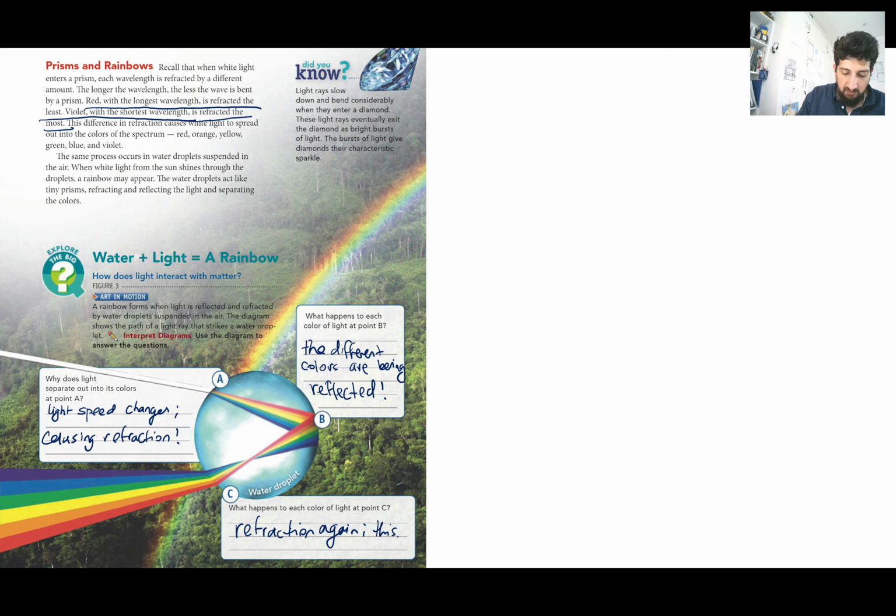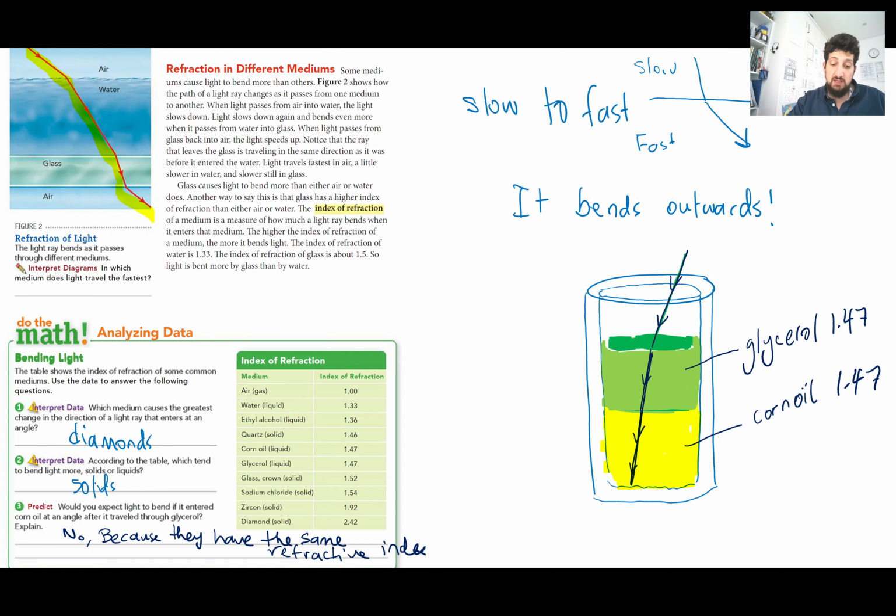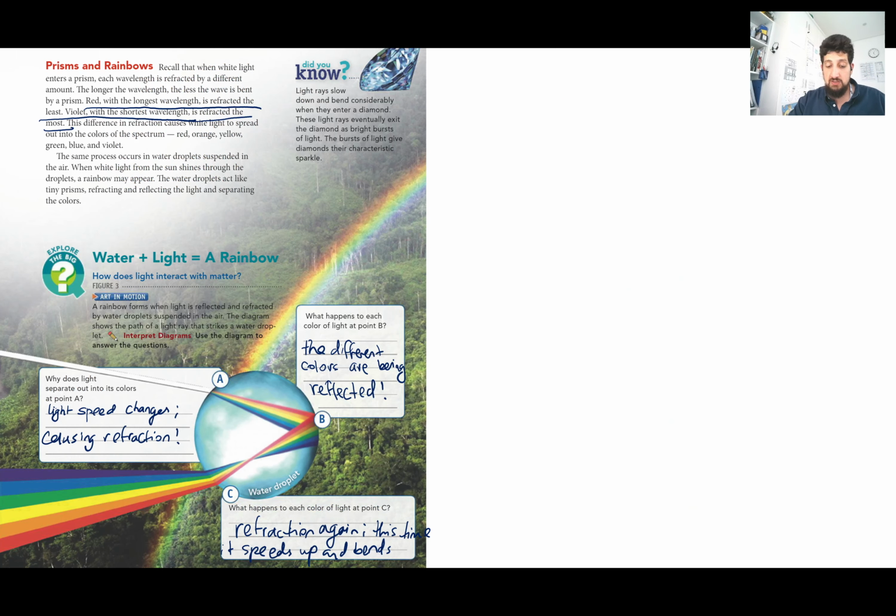This time it speeds up and bends. Bends what? Do you remember what we said? We said slow to fast bends outwards, fast to slow bends inwards. So it's going slow to fast, so it's going to bend outwards.